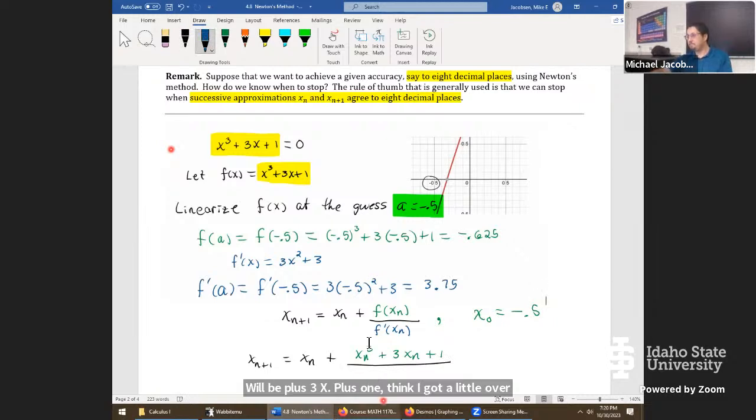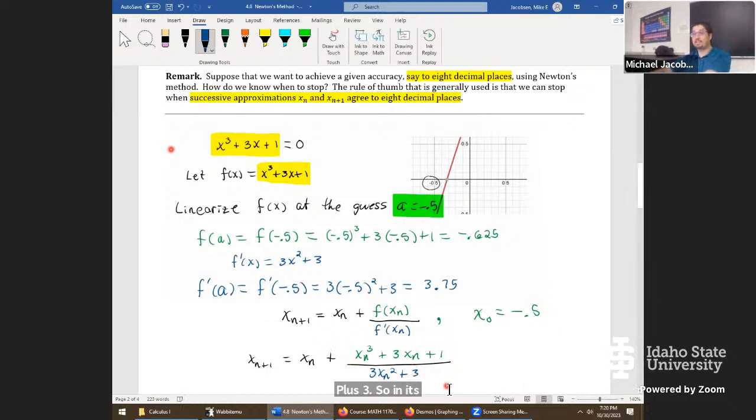Now for f prime at x_n, here's our derivative right here. It'll be 3x_n squared plus 3. So in its expanded form, that's what's actually going in the calculator.